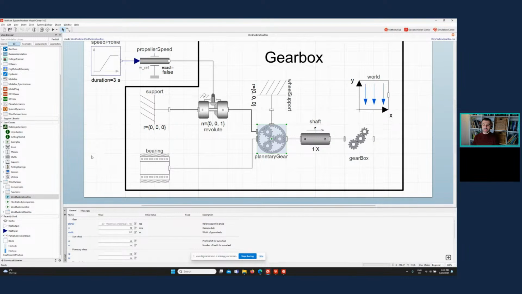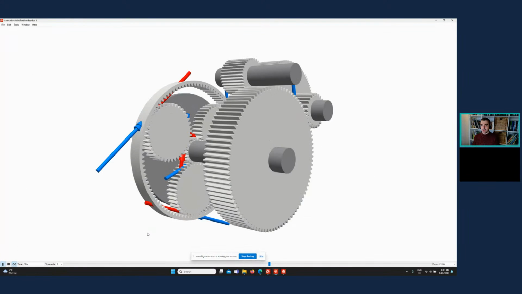Also, related to gear geometries, you just set the parameters here, like the gear module and the width of the gear, and when you set all the parameters, you will get this automated CAD shape in your simulation.